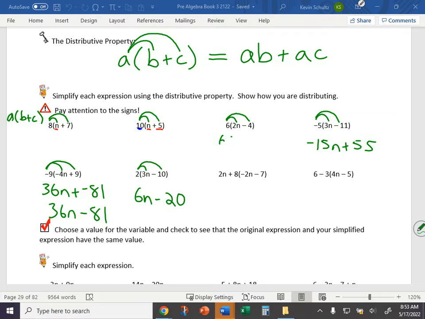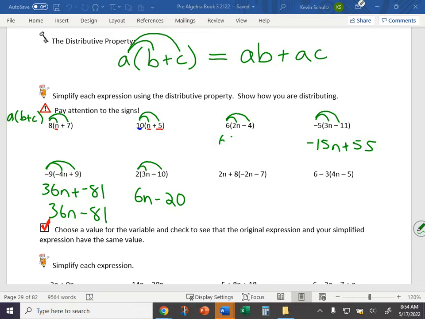Do we just combine the 2n and the negative 2n kind of like we did before? Okay, there's a lot going on here. There's a lot of options that it could be this, could be that. But here's what I want you to remember. Number 1, order of operations. What comes first, multiplication or addition?